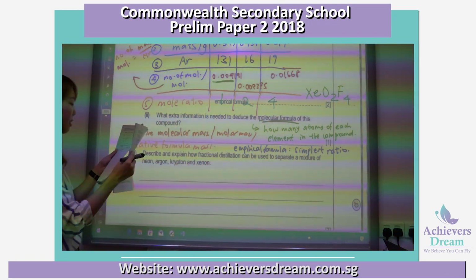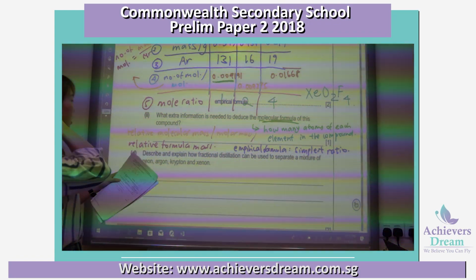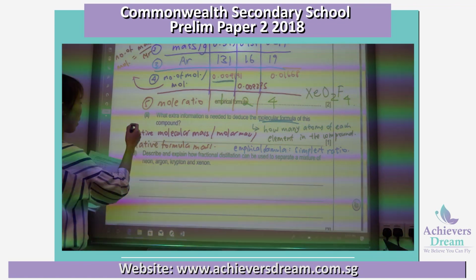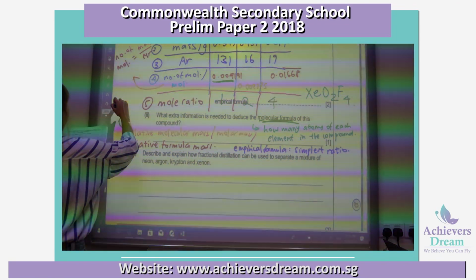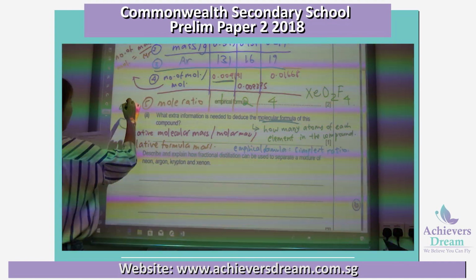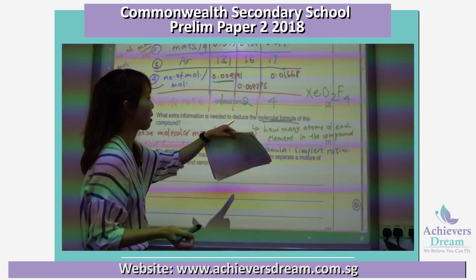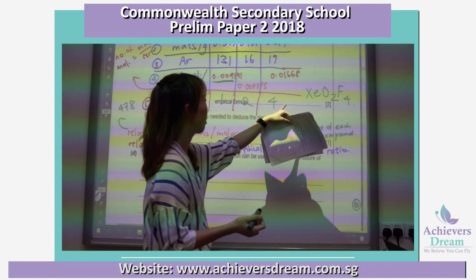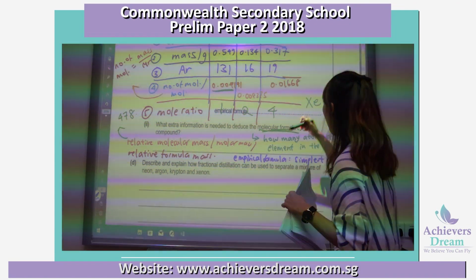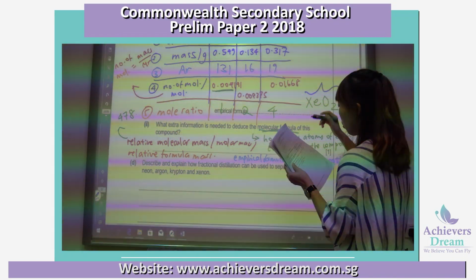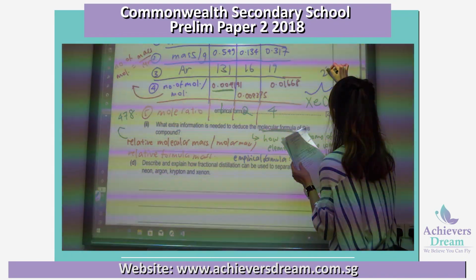Let's say that they tell me that the relative molecular mass of this compound is 478. So how do I deduce the molecular formula of this compound? First I calculate the MR of the empirical formula, which should give me 239.